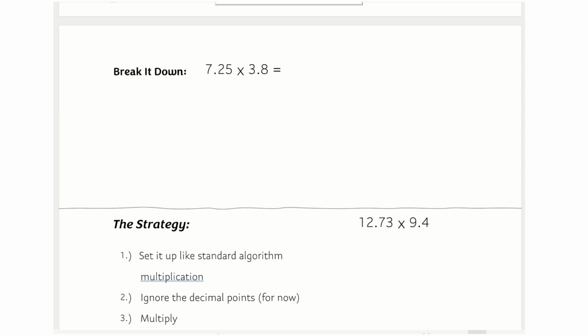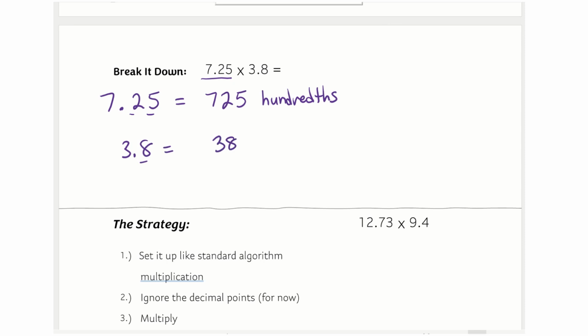And so I want to think about this first number. It's 7 and 25 hundredths, but what if I thought of it like 725 hundredths? And then my 3 and 8 tenths, what if I thought of that like 38 tenths?